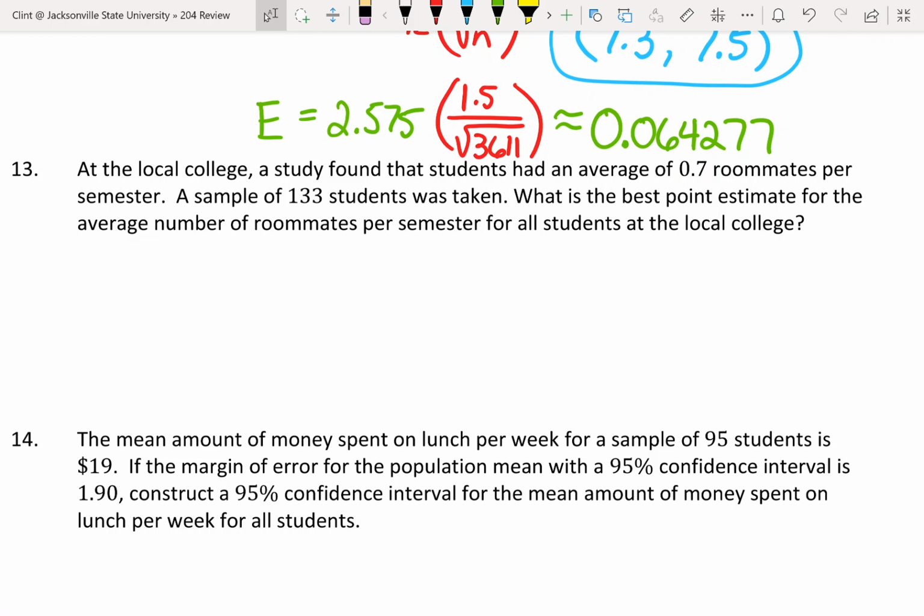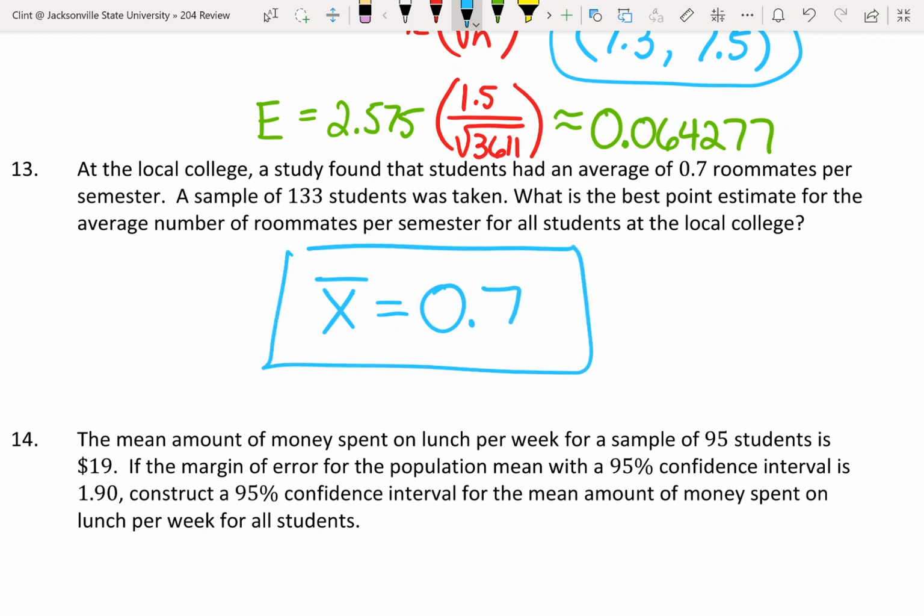This is really just a vocabulary question. What's our best point estimate if we're dealing with means? The sample mean. Our sample mean here is 0.7. It's that easy. Don't stress over it if I give you an easy problem.